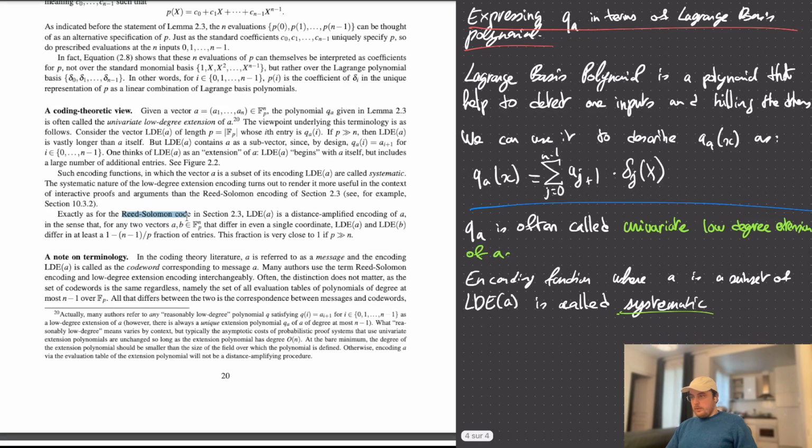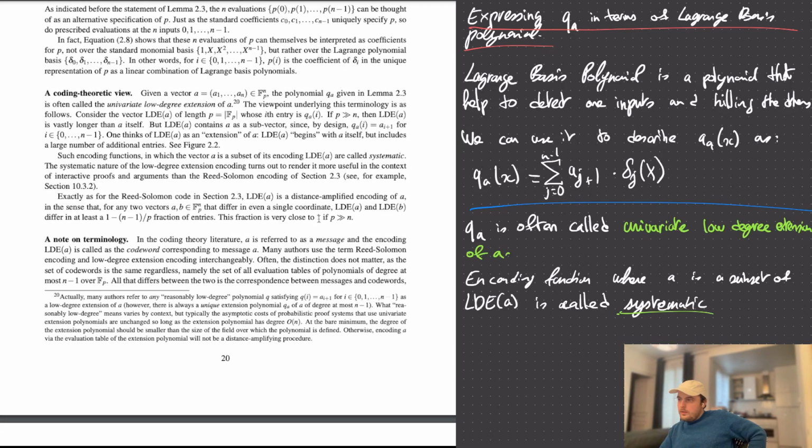Exactly as for the Reed-Solomon code in section 2.3, low degree extension is a distance amplifying encoding of A, in the sense that for any two vectors A, B in the vector space F_p to the power of n that differ in even a single coordinate, LDE of A and LDE of B differ in at least a 1 minus (n minus 1) divided by p fraction of coordinates. This fraction is very close to 1 if p is largely superior to n.